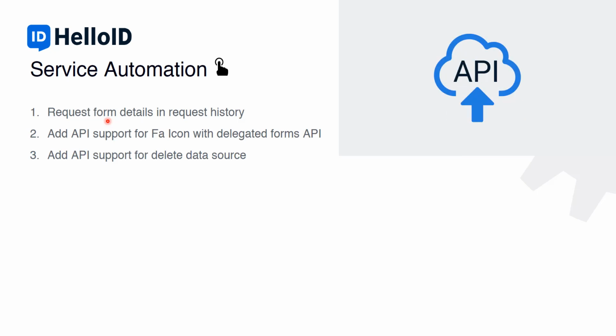We have 2 new API support items. This is a small one, but now you can set the Font Awesome icon on the delegated form. And you'll also be able to delete a data source. These two in combination, I think, are very powerful.